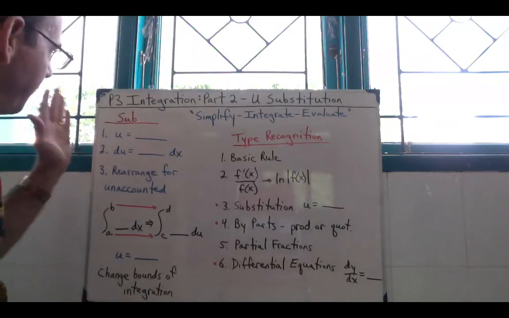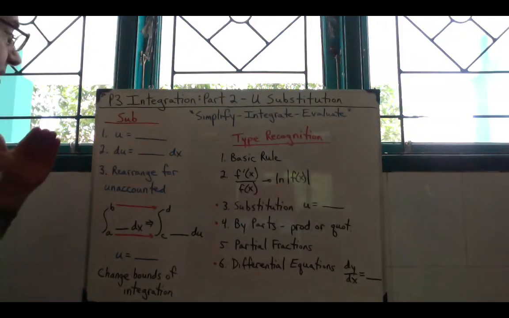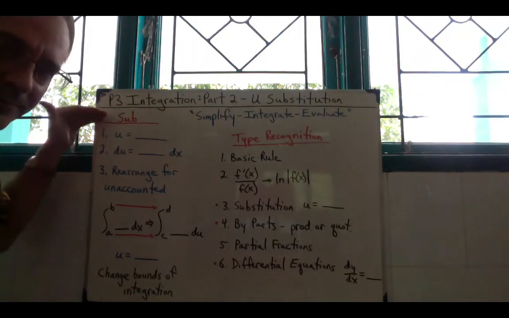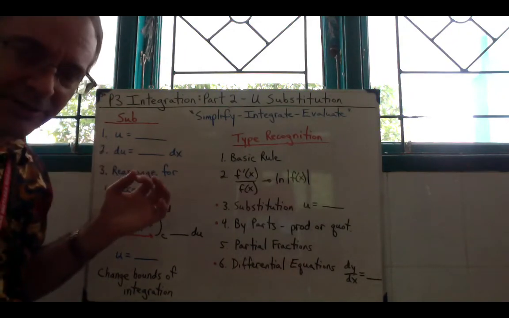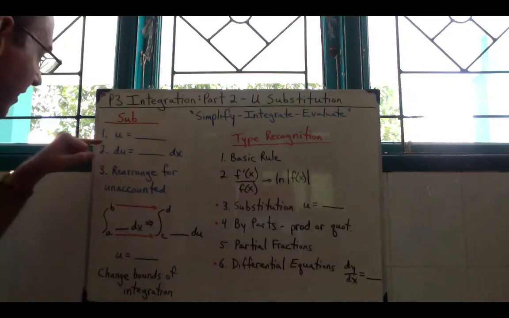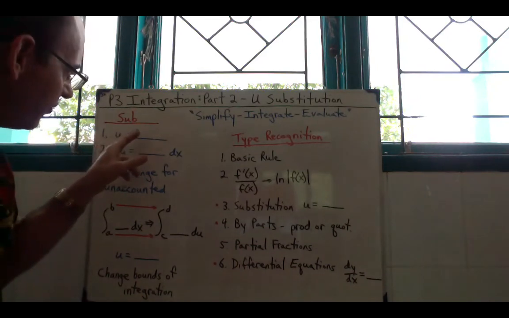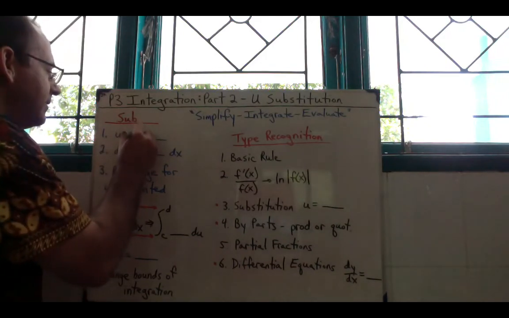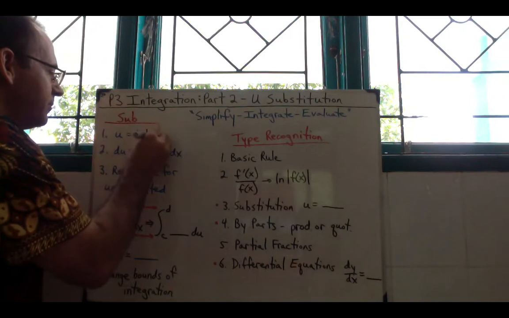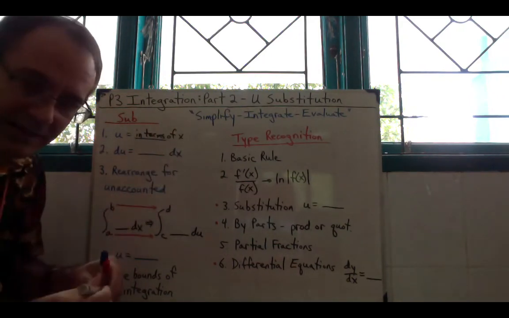And for substitution specifically, the problem is going to give you, usually using the letter U, but not always, and it will say use U equals, and it will be in terms of X or theta, something like that.